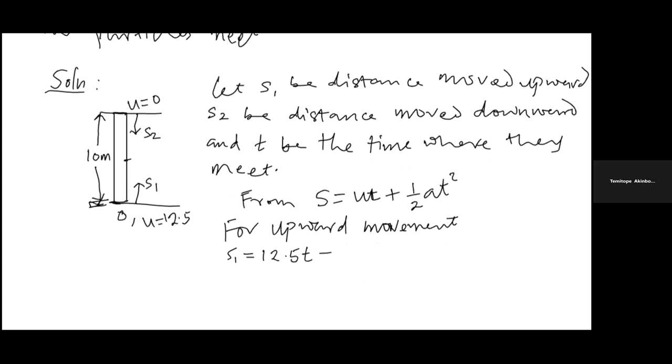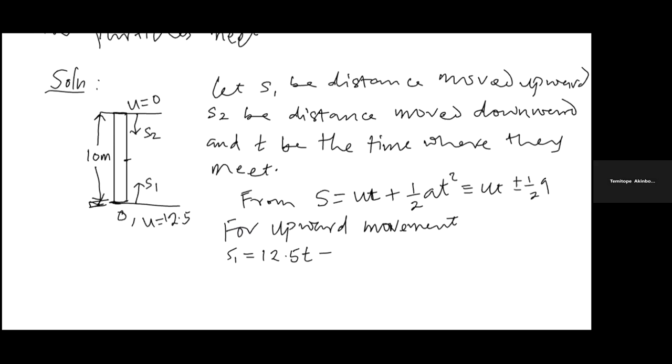In this case, because it's moving up, we use acceleration due to gravity, so this will become ut plus or minus half gt squared.